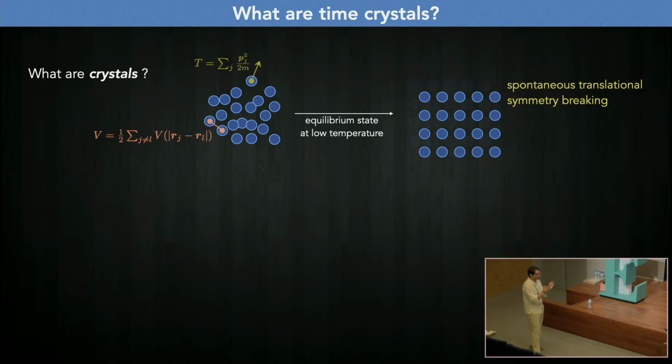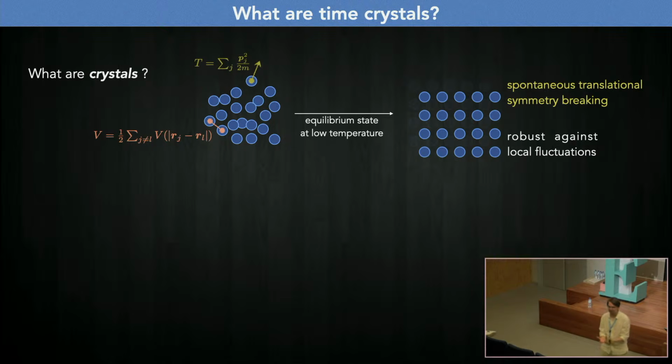And equally important is not only that I have spontaneous translational symmetry breaking, but that this state that breaks the symmetry is robust against local fluctuations. So that means that if I have my particles organized, the crystal doesn't break because I just touch a little bit one particle and then everything melts.